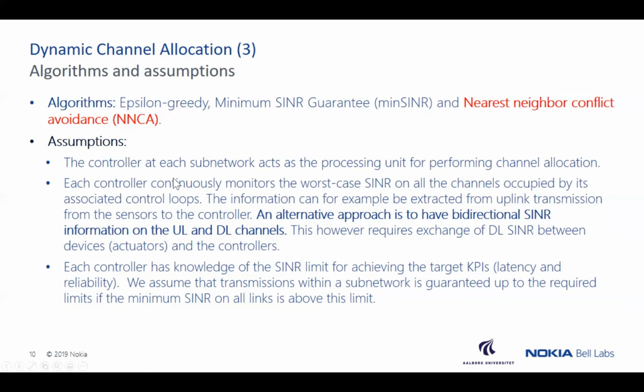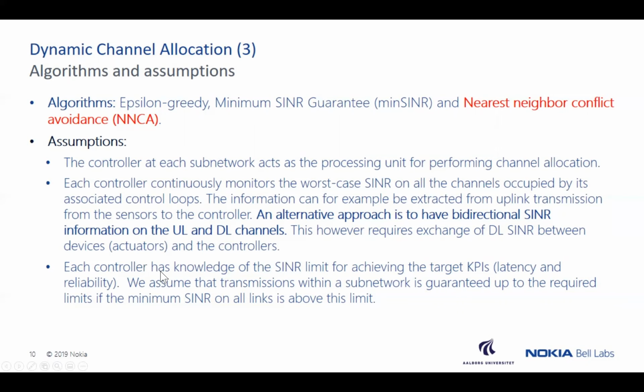The assumption here is that the controller at each subnetwork, which we could also see as an access point, acts as the processing unit, which continuously monitors the worst case SINR on all the channels within the subnetwork, and is also able to listen and collect measurements of the interference power on all other channels.